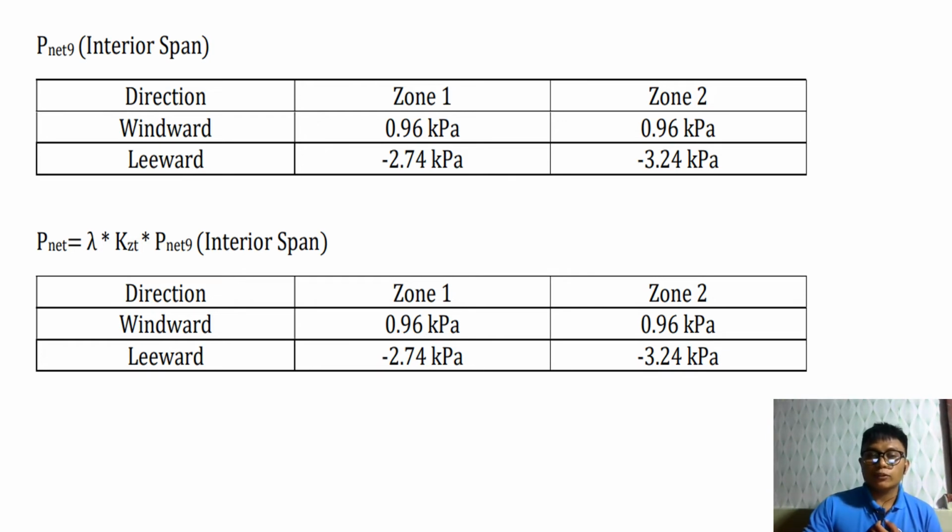For windward, for zone 1, that's 0.96. For zone 2, that's 0.96. And for leeward, for zone 1, negative 2.74. And for zone 2, negative 3.24. So we notice that there is actually no change on the value since the lambda and the KZT are 1.0.